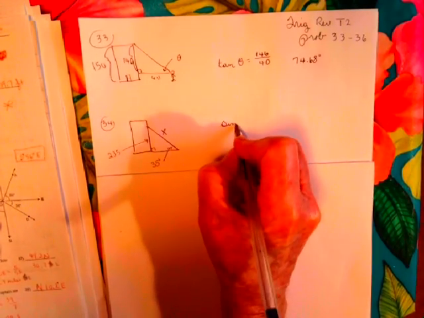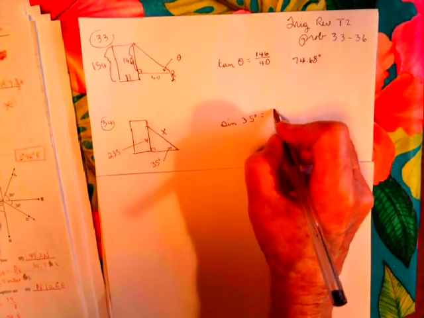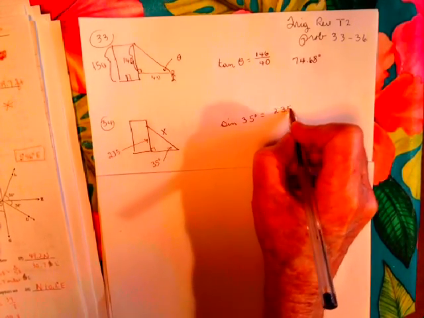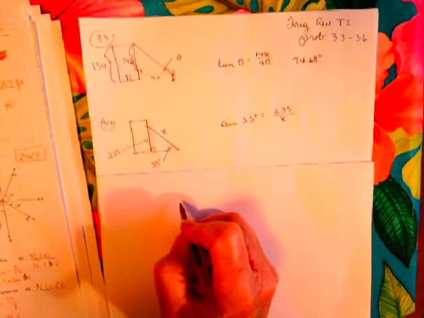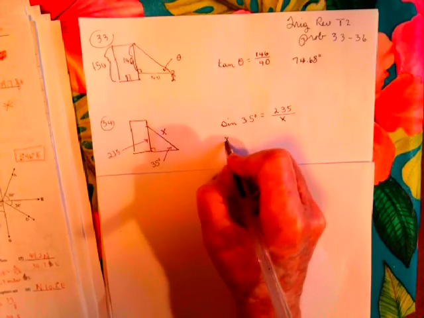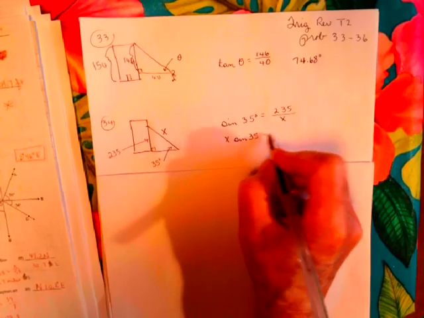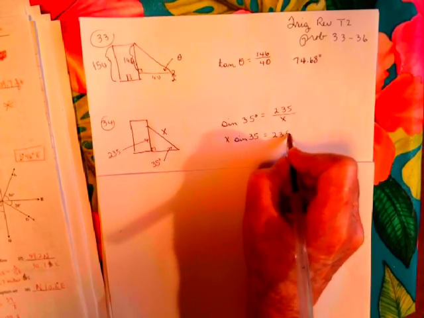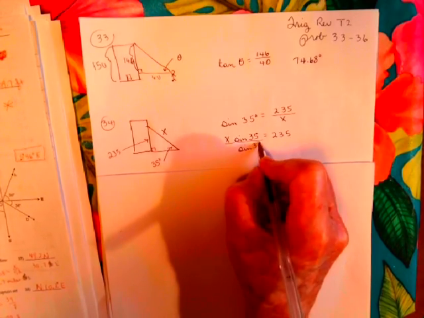So sine of 35 degrees equals opposite, which is 235 over x. Solve that. Multiply both sides by x. X sine of 35 equals 235. Divide both sides by sine of 35.